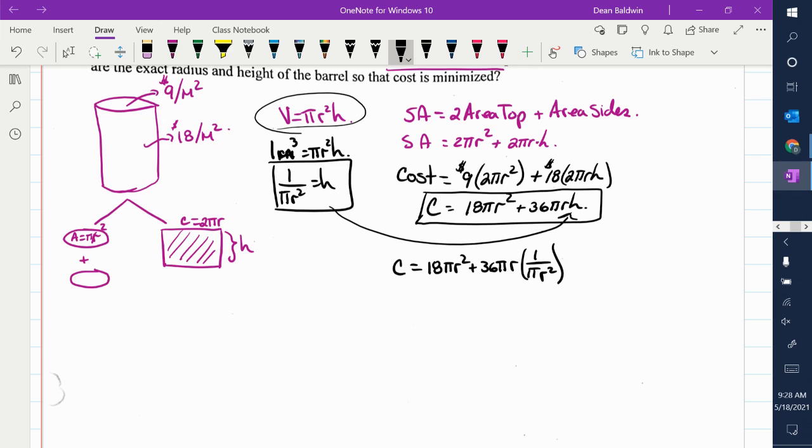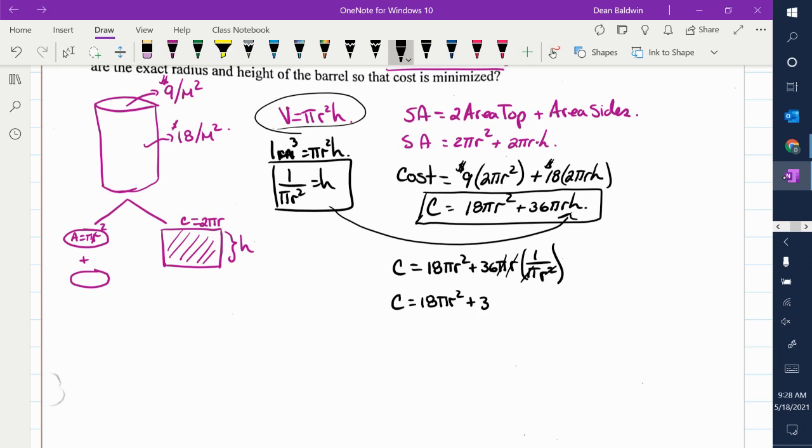And then you want to clean it up. So 18 pi r squared. 36, what's happening to the pi's here? They will cancel, right? And this r will cancel one of those r's.